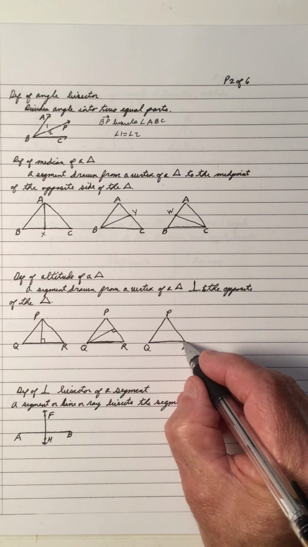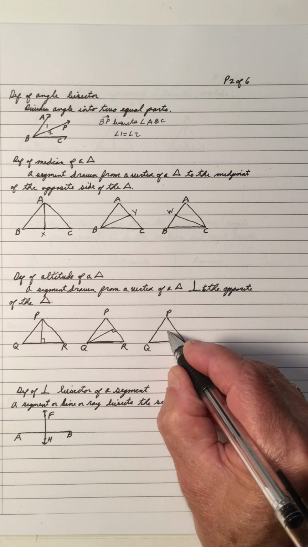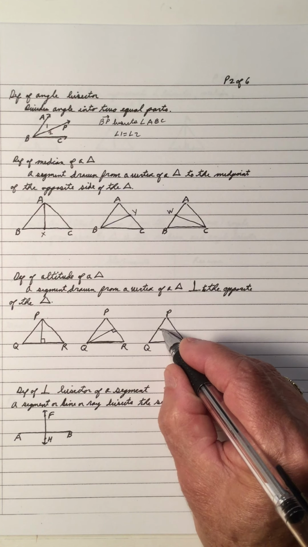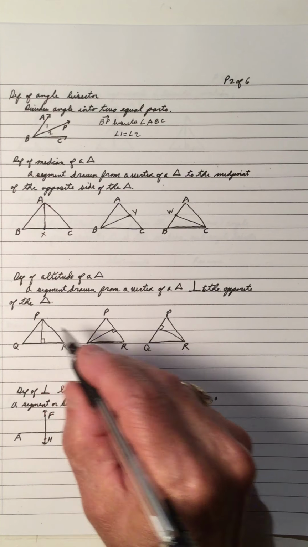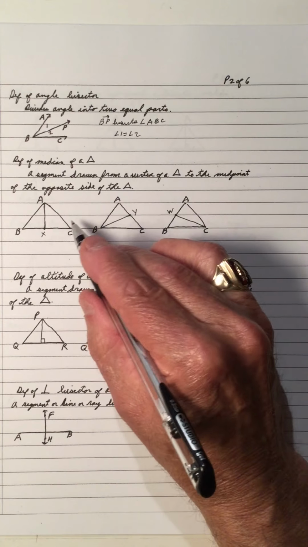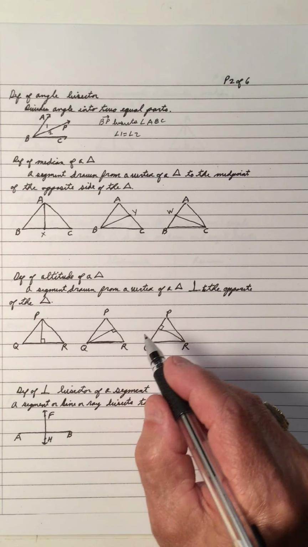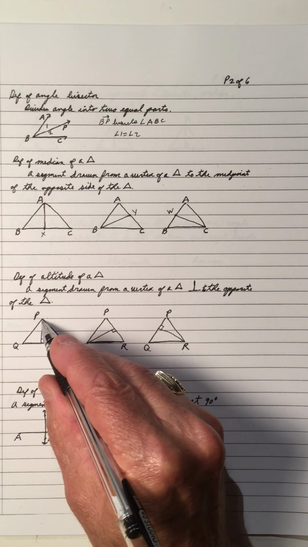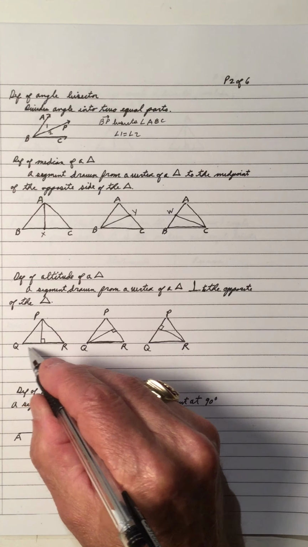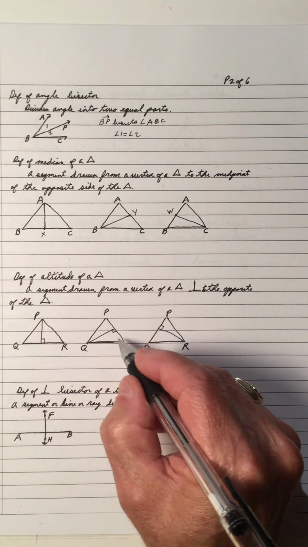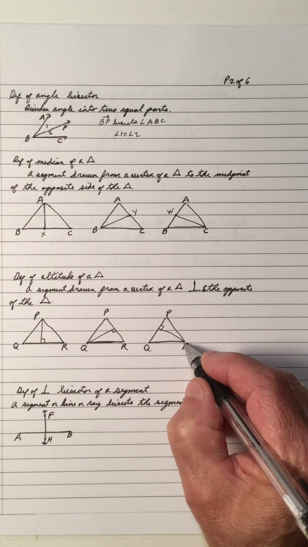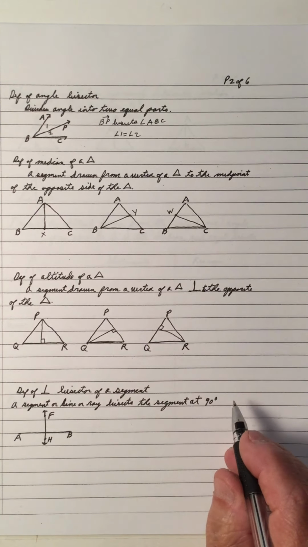And if we draw an altitude from R, it leaves R and goes perpendicular to PQ. So three vertices, three altitudes, same as three medians. And again, an altitude from P is perpendicular to QR. Altitude from Q is perpendicular to PR. And altitude from R is perpendicular to PQ.